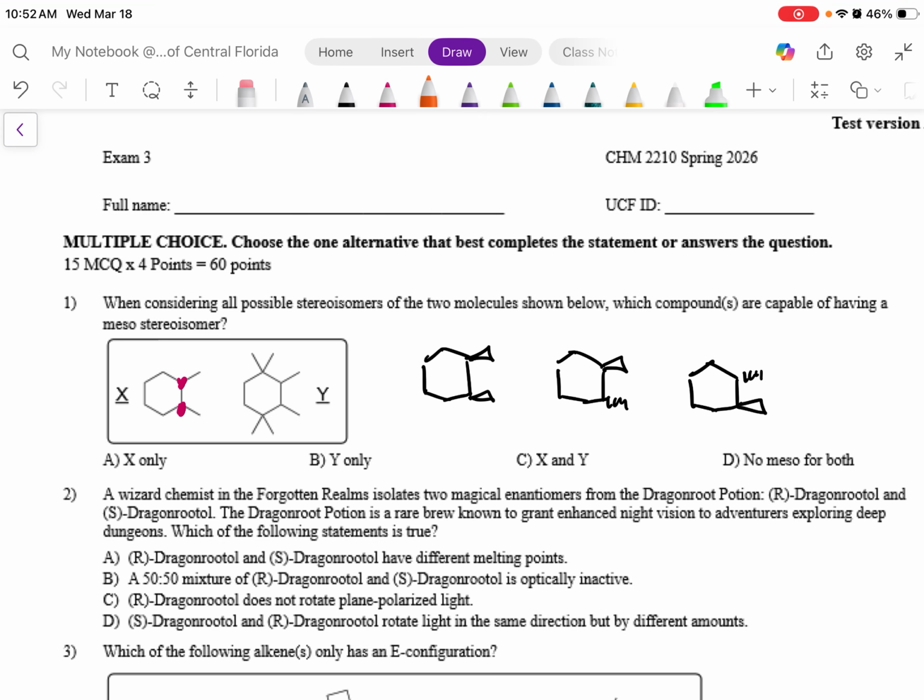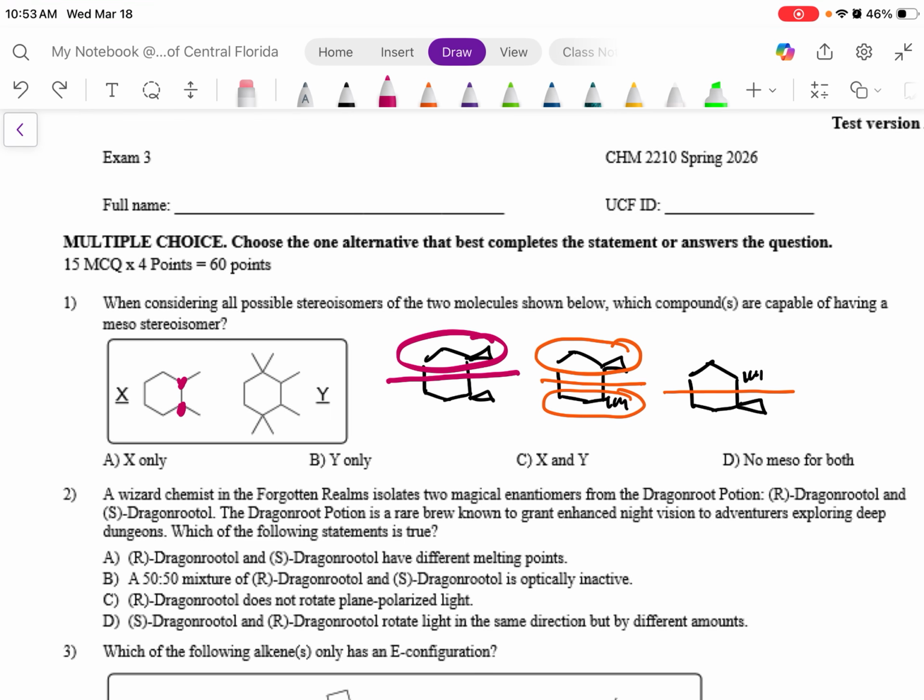In the last two, if I try to draw a plane through here, do you notice how this side and this side of the molecule look completely different? Because one has a wedge, one has a dash. In contrast, if you draw a line through this first one, this half is identical to that half. So that makes that compound a Meso compound.